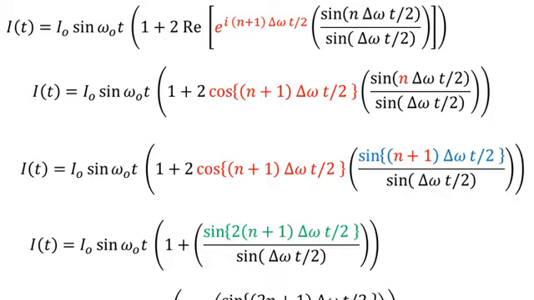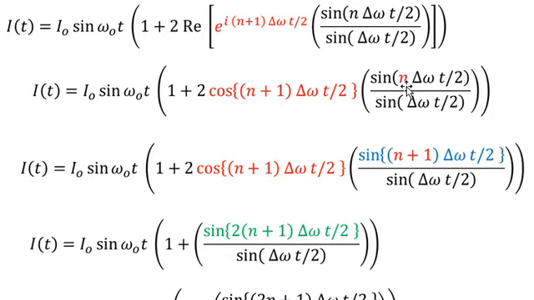Here I have only made one approximation: I have replaced this n with n plus 1, assuming that n is very large. When n is very large, the addition of 1 to the parameter n would not make much difference, because I have an n plus 1 appearing automatically over here, and I have considered the real part of this function, which is cos of this.